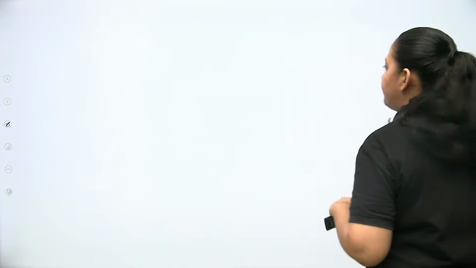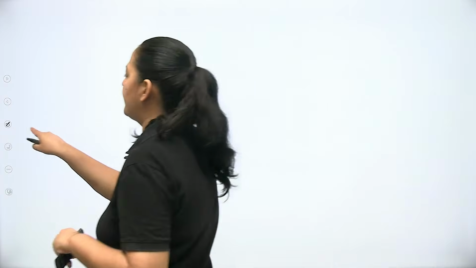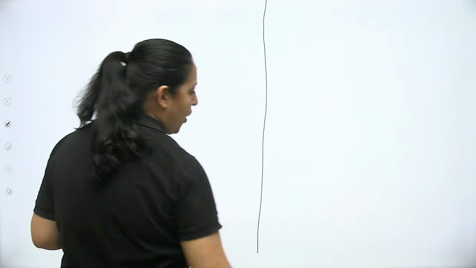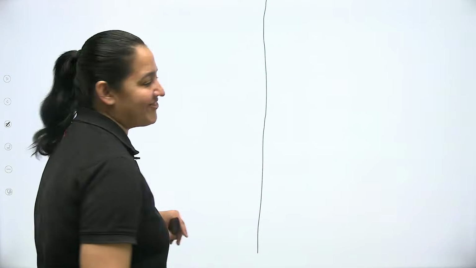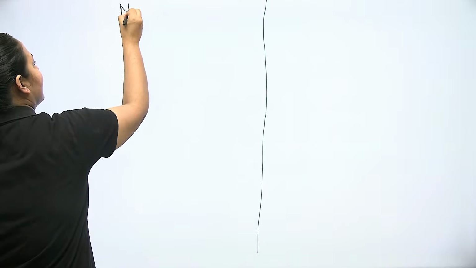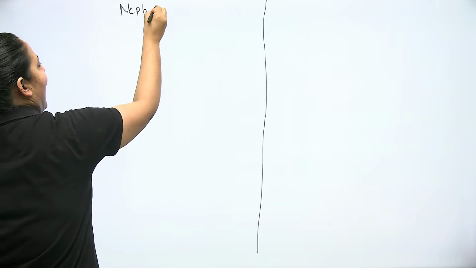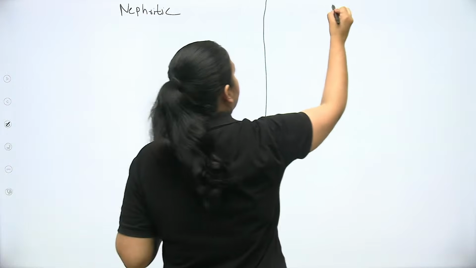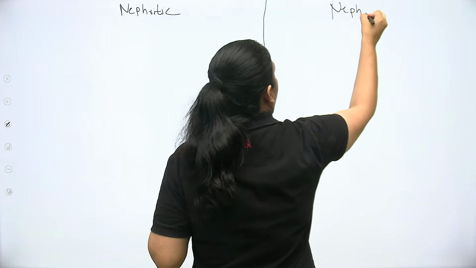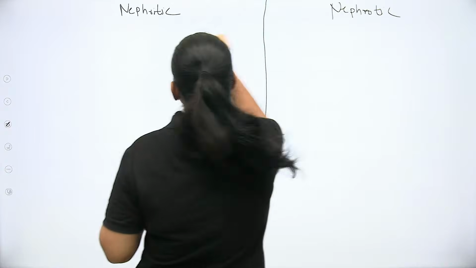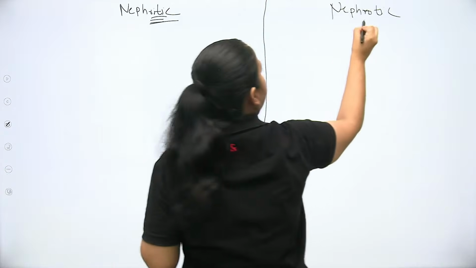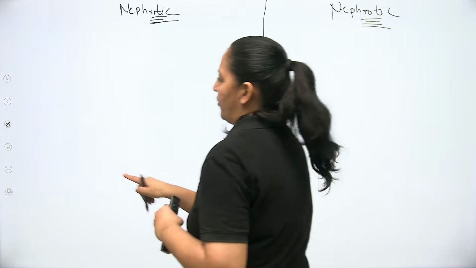Let me give you the full and final summary of nephritic and nephrotic. I am done with nephritic and nephrotic, and now I will teach you individual glomerulonephritis, right? So nephritic, please revise with me. Help me in revising. Nephritic, nephrotic. Please everyone see, here it is I, here it is O. Nephritic and nephrotic.